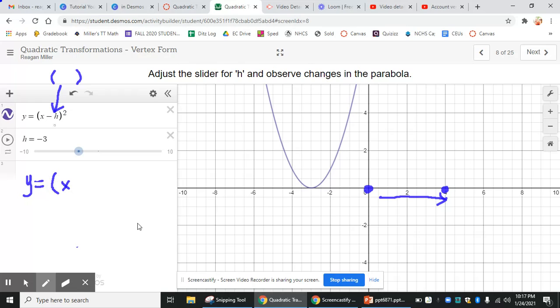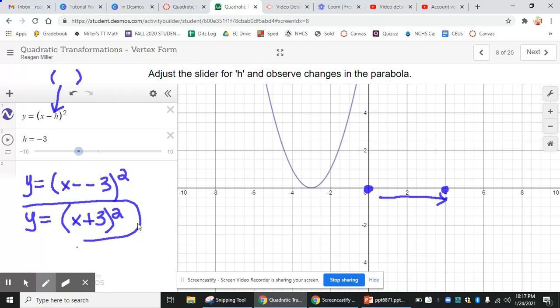I already had a subtraction sign, so it'll be like minus -3 squared. Well, what happens when you have those two negative signs? It's like the keep change thing many of you have learned. That becomes a positive when we're looking at the equation. So if you're given a plus sign on the inside of the parentheses, we know that it is going to move to the left.